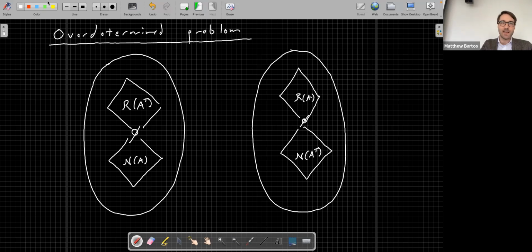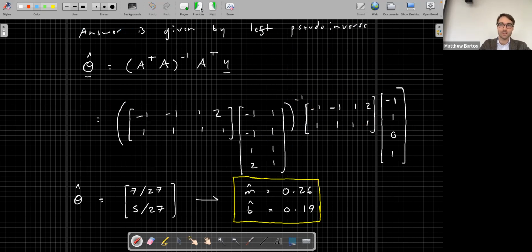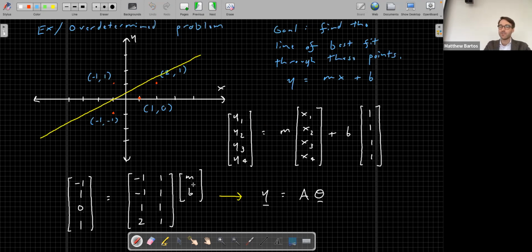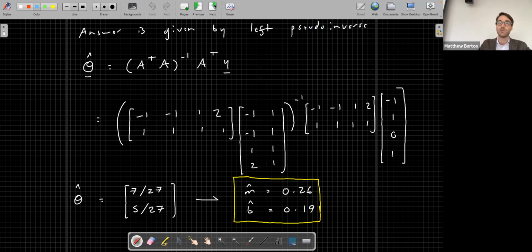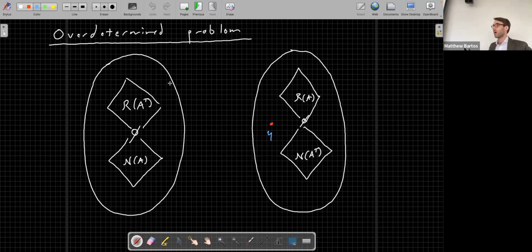And what that implies is that Y, our vector in the codomain, is not in the range of A. If we go back to our set of points here, there's no way that we can define a parameter vector M and B such that A times that vector gets us Y. There's no way to combine the columns of A together to produce Y. So for the overdetermined problem, Y is not in the range of A. So it exists out here somewhere else.